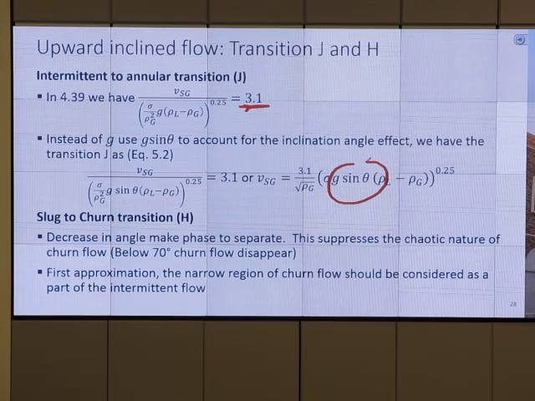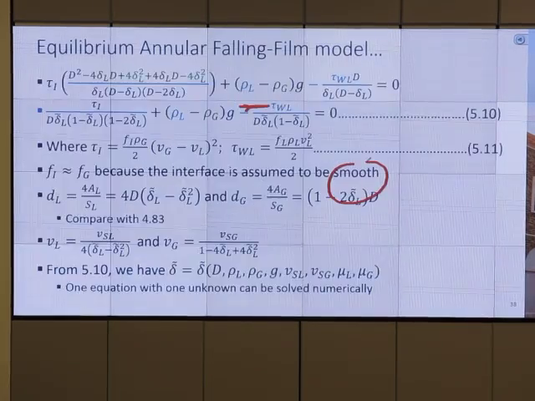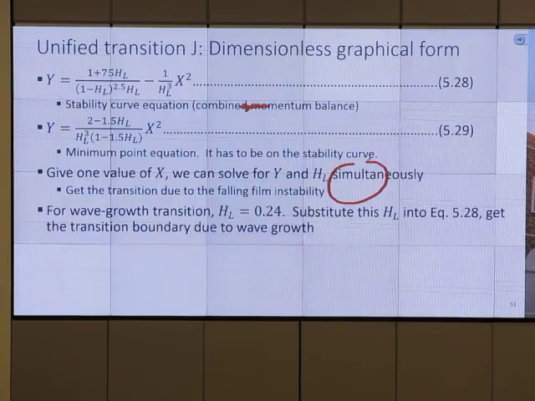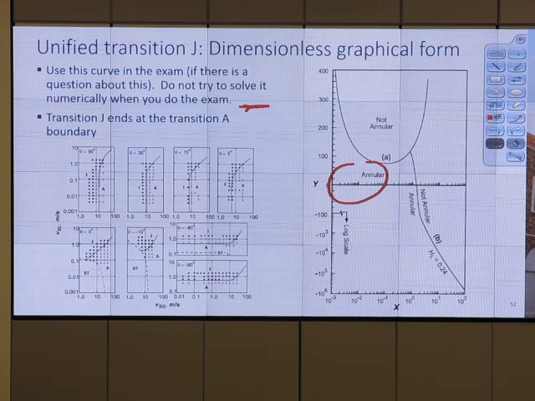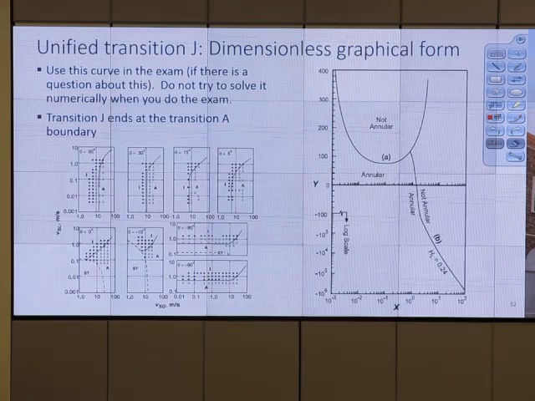That graph from the Bunny model. This one. Remember this? This is a truly unified model. Annular flow over here. Using this one will be even better than adding sine theta to the Turner equation.